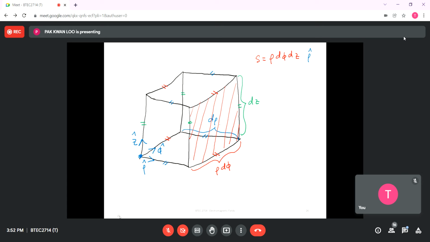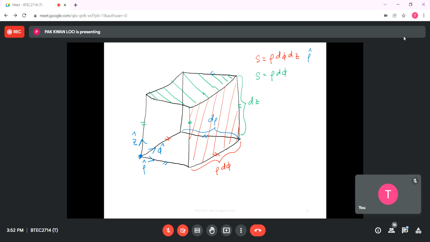So what about this surface? Let's use this top surface. It should be rho d phi, which is this length, multiplied by this length, d phi.